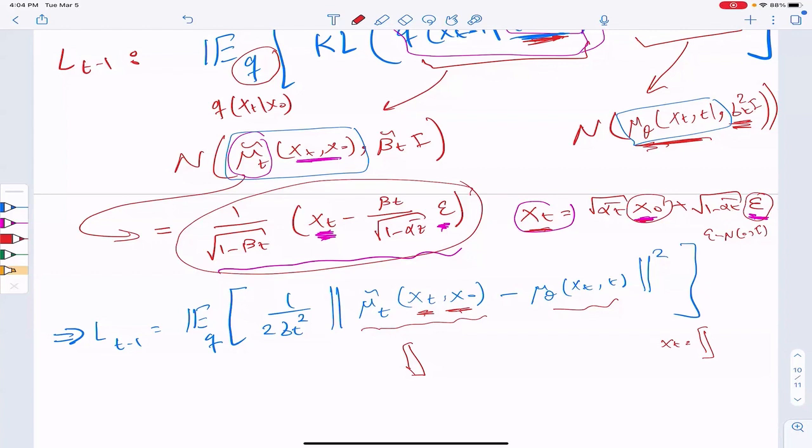Then mu theta will be just a network to map your xt to another vector of the same dimension. So the input and output are the same dimension for mu theta. And then you are comparing these two vectors. You are trying to align them, minimizing the quadratic loss.